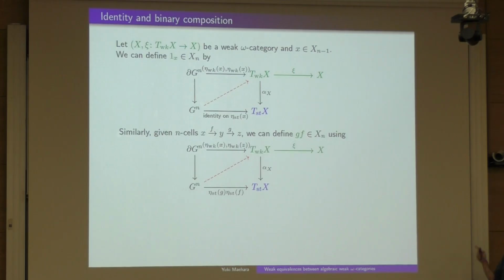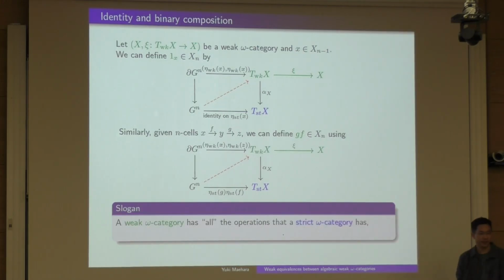So you can see that basically here I'm defining the identity and the composition by looking at what you do in the free strict omega category, and then you lift it to the free weak omega category, and then use the algebra structure map. And well, this works not just for the identity and binary composition, it basically works for everything.